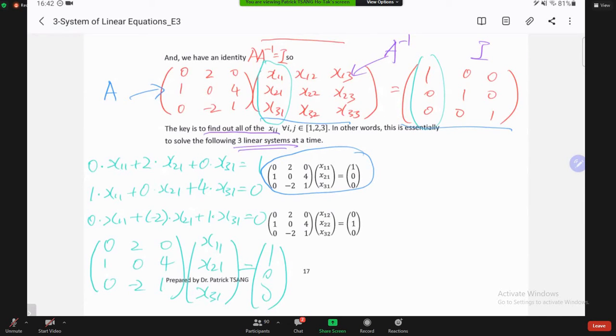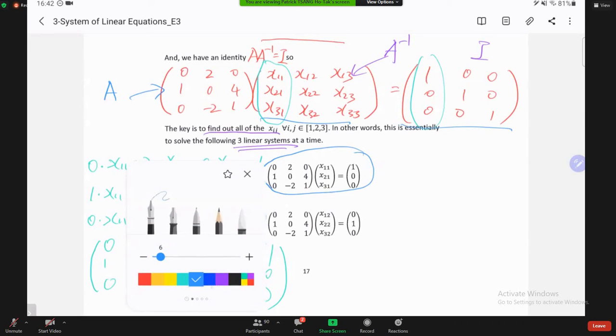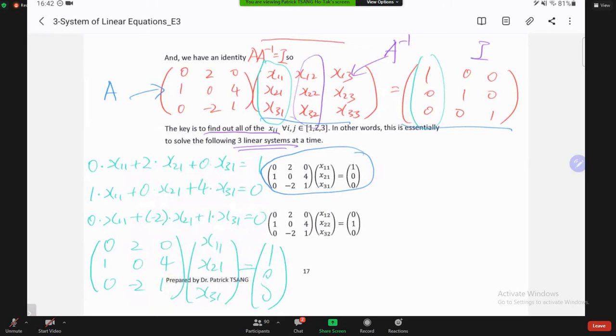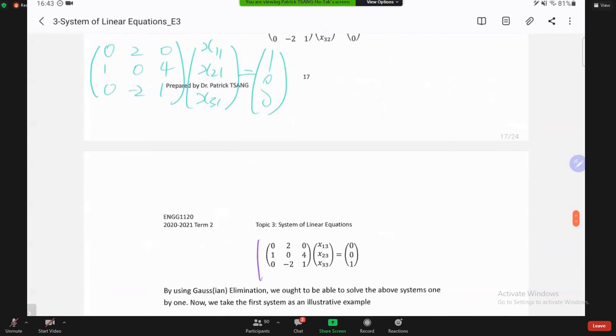When you extend to consider the second column, using another color, maybe purple, you will get this matrix. For the third column, you will get a matrix like this.